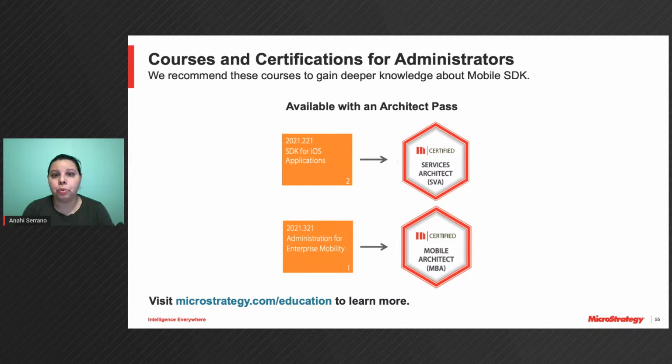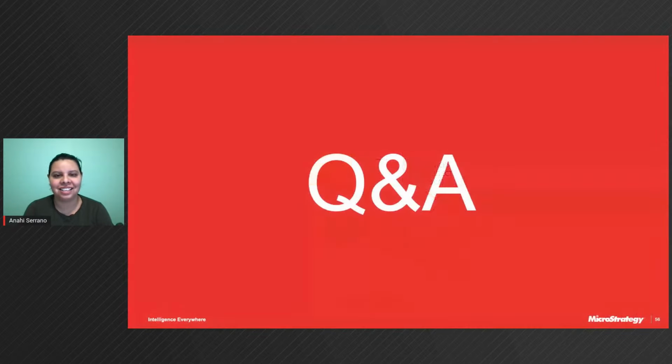And 2021.321 Administration for Enterprise Mobility is on the MicroStrategy side. So if you're looking at how to do the customization or the administration features for that customization that we were covering, those would be in that administration class. I hope you are interested in those classes. So we're going to take it over now for the Q&A.